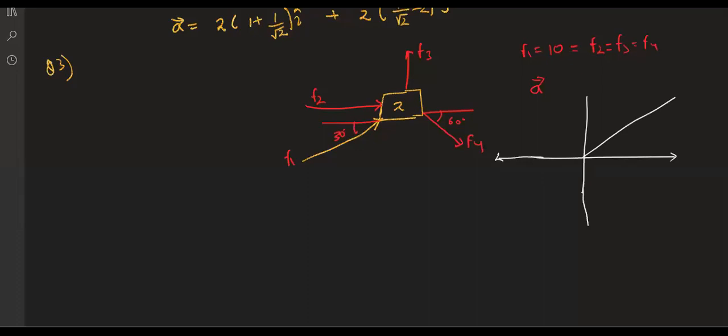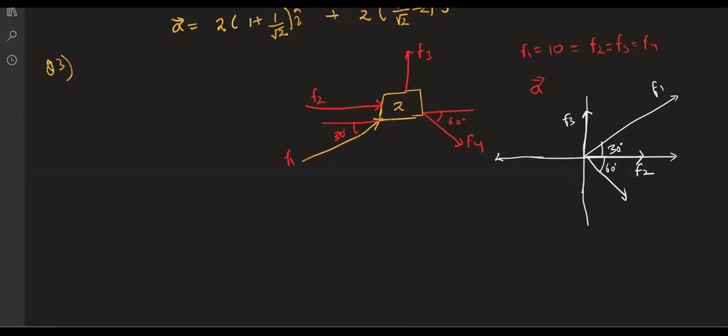If this angle is 30, then this angle is also 30. This is your F1. Now F2 is this one, along the axis. Just check your answers, everyone. F3 is in the upward direction. F4 is in this direction, but this angle is 60 degrees.